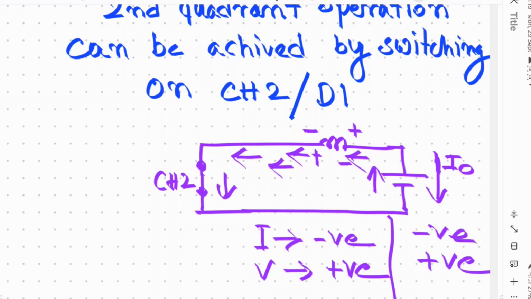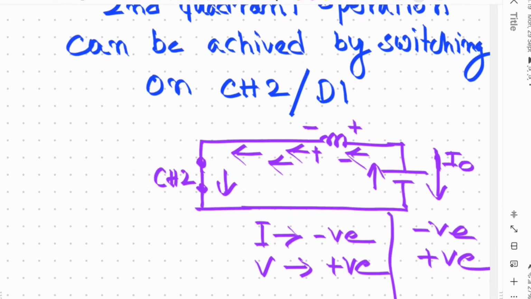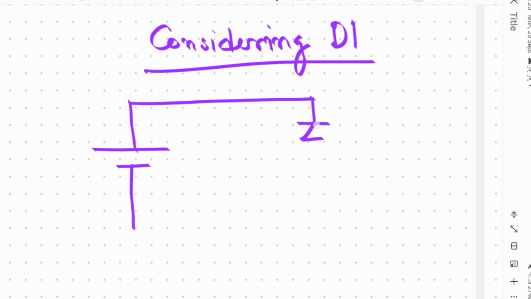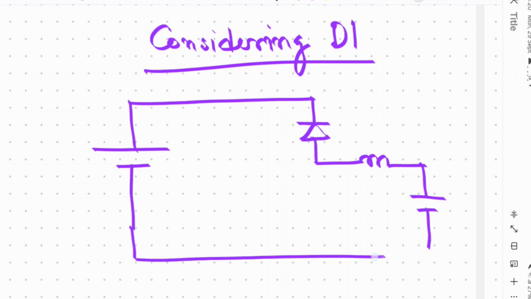Now we'll consider diode D1 and draw the circuit. This is the diode D1, this is the inductor, then E. This is the circuit, and this is the normal direction of the current. Now the inductor will discharge and its polarity will change.